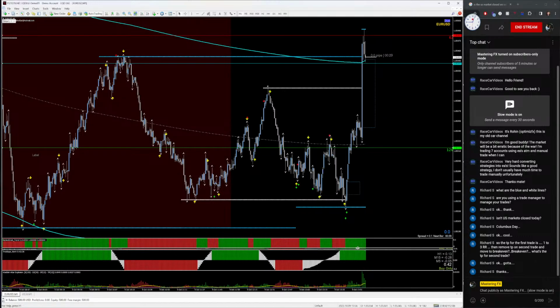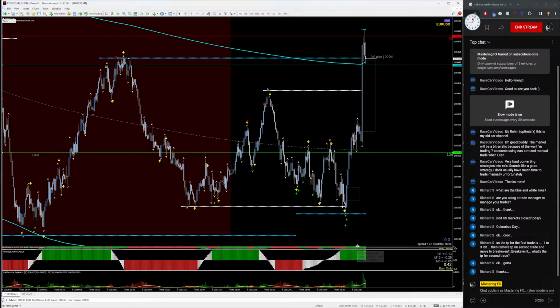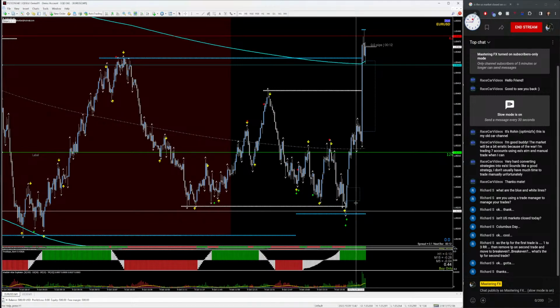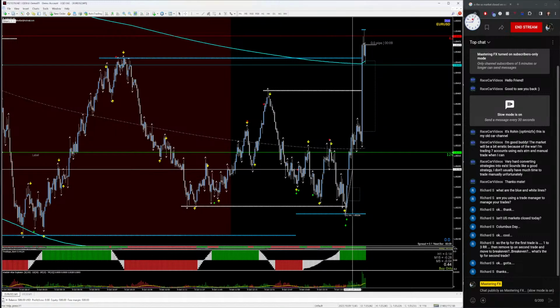So again, I'm learning as I go. Maybe I'm just going to use the Waddah Attar as a confirmation, which in this case would not have given me a signal either. On this candle it would have given me a signal. I'm just going to go by it.